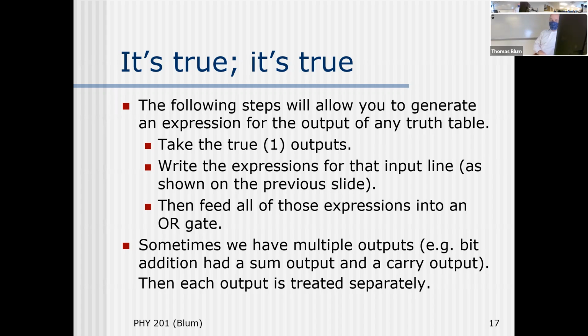Now I want a more general scenario, which may have multiple ones. I want to take the outputs that are ones, write their AND expressions as we just talked about, and then OR them. Put all those AND expressions into an OR gate, and that will be an expression for the whole table.